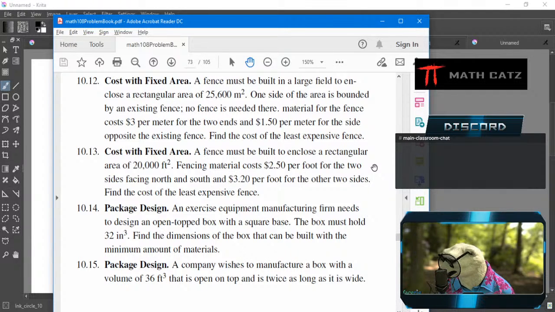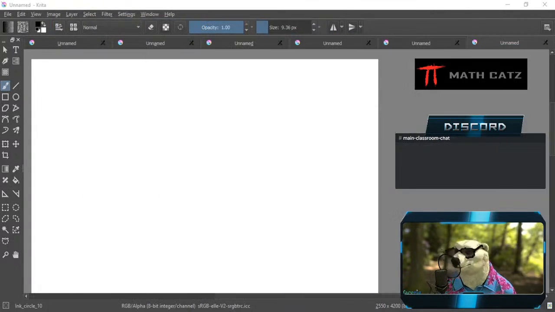One side of the area is bounded by an existing fence. No fence is needed there. Material for the fence costs $3 per meter for the two ends and $1.50 per meter for the side opposite the existing fence. Find the cost of the least expensive fence.